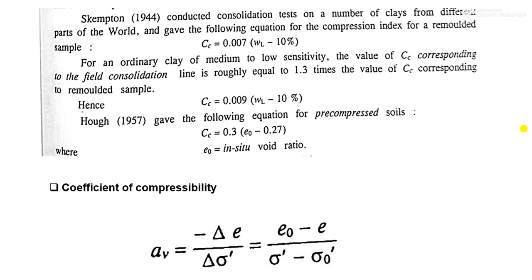As per Hough, if the soil is pre-compressed, then the Cc value is 0.3 (e0 minus 0.27), where e0 is the in situ void ratio. In situ means the present condition, the value in present conditions.